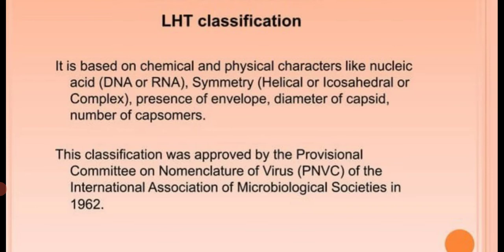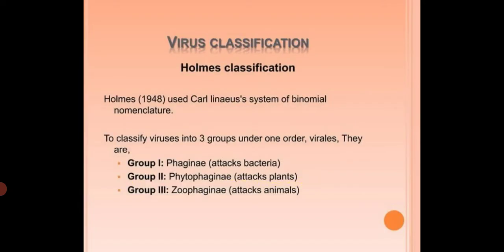And the fourth criterion was dimensions of the virion and the capsid, and how many capsomers are there. Then the fifth criterion was how the capsid gets formed around the nuclear material. These were the criteria used by the LHT system for viral classification, and this classification was approved by a committee named PNVC, Provisional Committee on Nomenclature of Viruses.